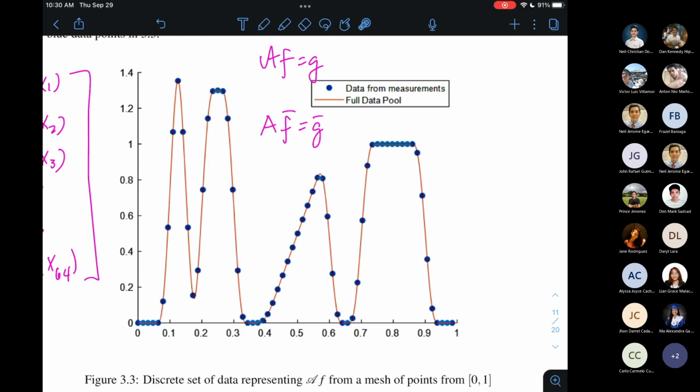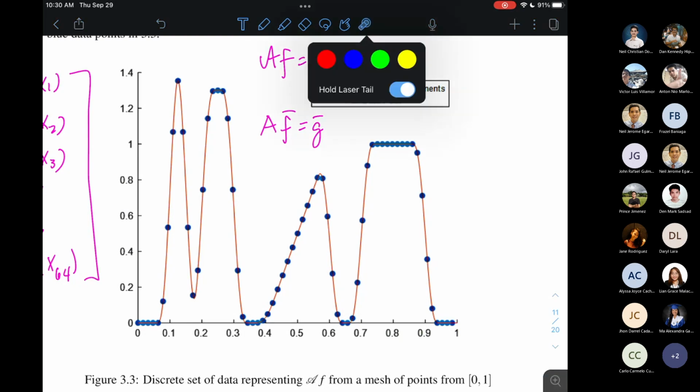And luckily, eto nga lang yung maganda, dito sa napili kong function, G bar, naka-capture ng mga blue dots yung salient features ni function G. Right? Kasi parang medyo, pwede ko na sabihin na dense enough na yung mesh ko dun sa interval 0, 1 kasi medyo naka-capture na nung blue dots yung behavior nung orange curve.